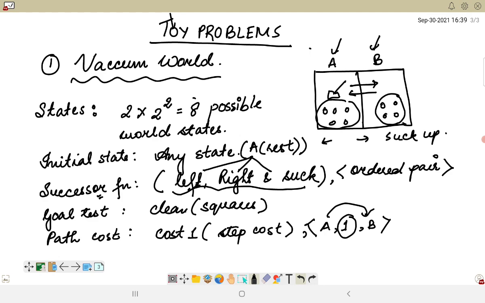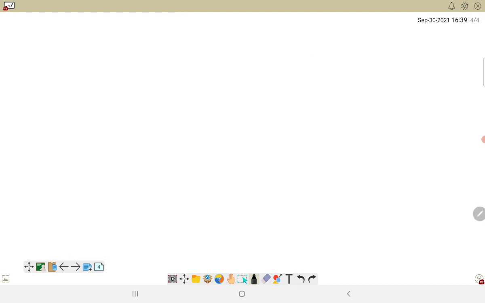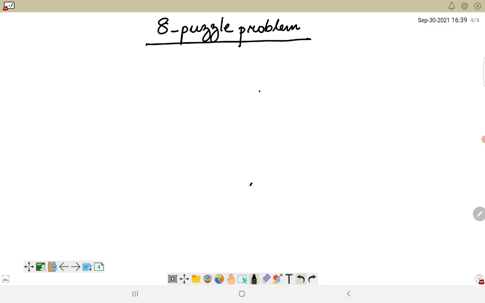Now if we are considering a larger environment with n locations, next we will talk about a larger environment which is the 8 puzzle problem. This is also a very classical problem in AI. When we talk about the 8 puzzle problem, it has a larger environment.